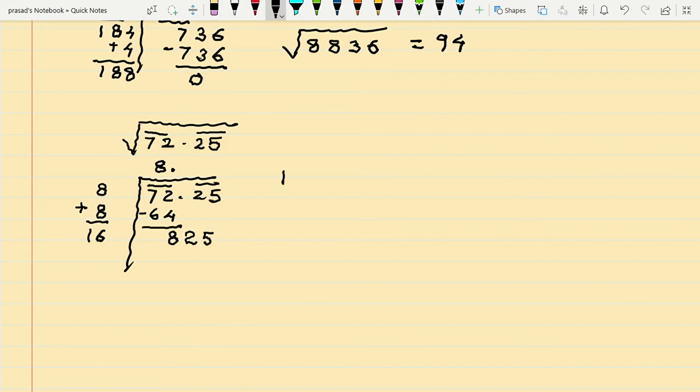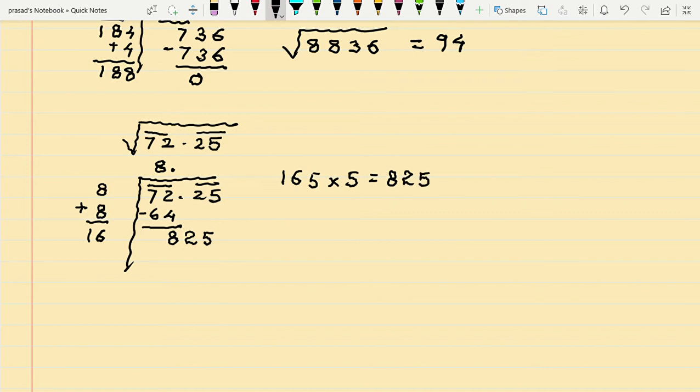Now suffix a number to 16 and multiply by the same number. So since the first two digits are 82 here and 16 5s are 80, I can try for 5. Write 5 here, multiply by 5, and I will get 825.